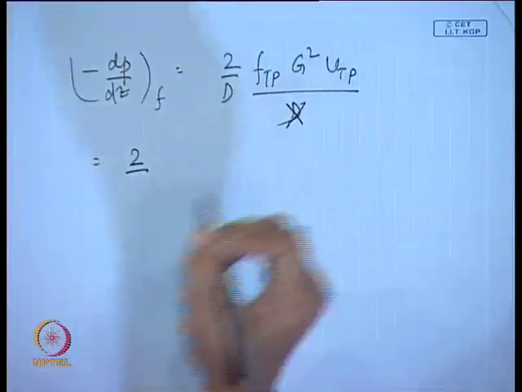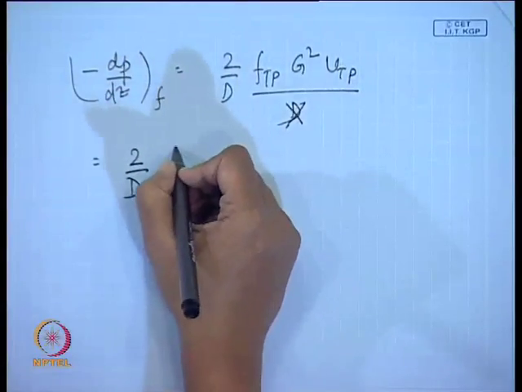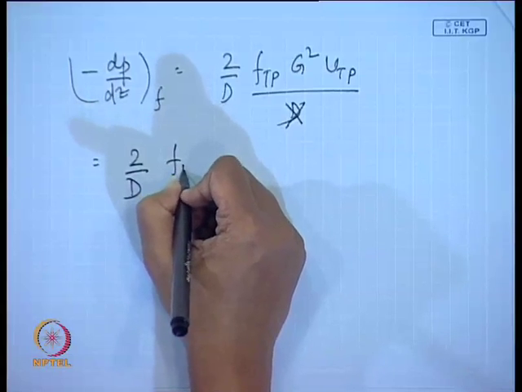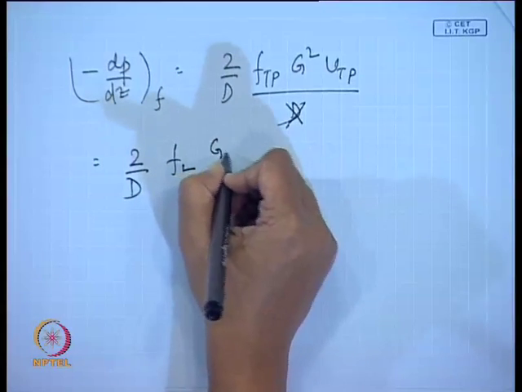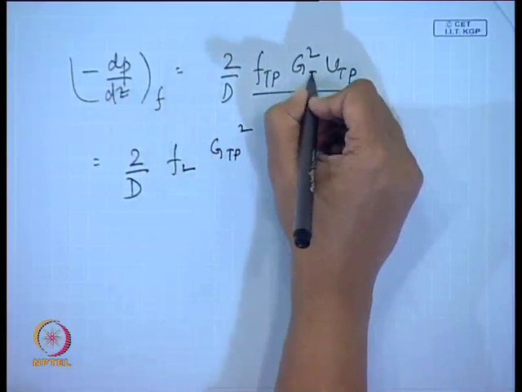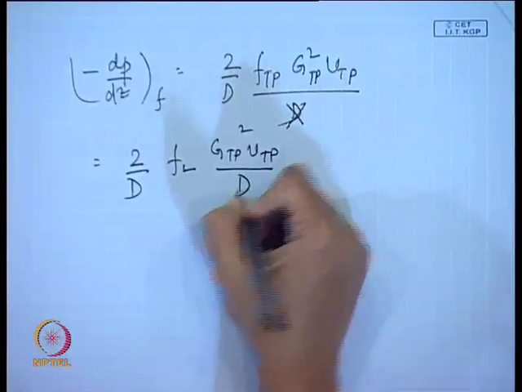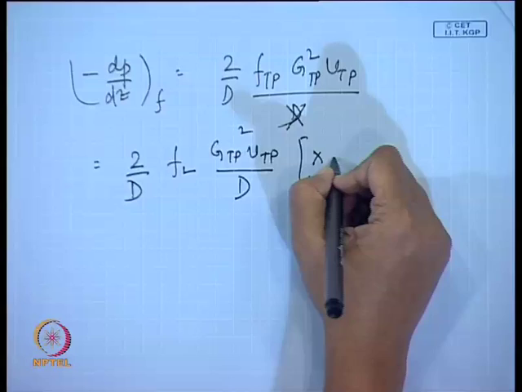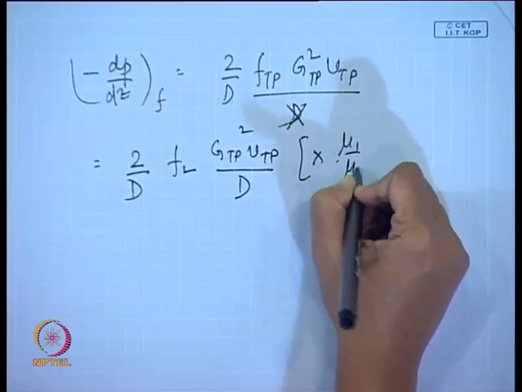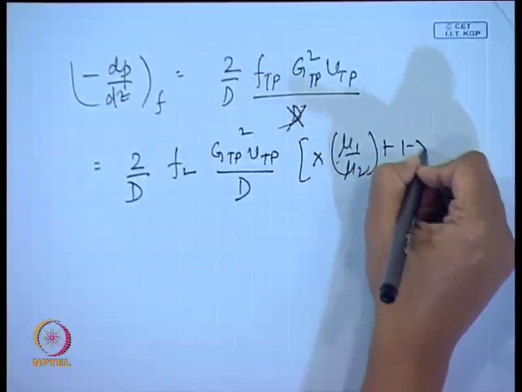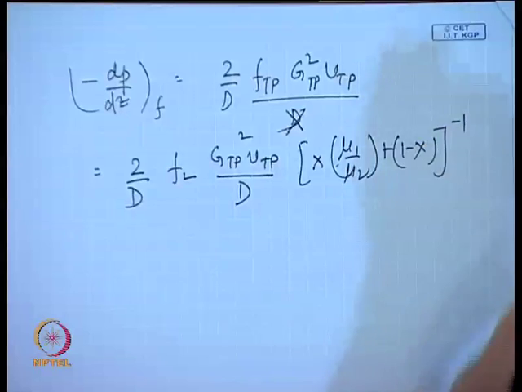Sorry, again I have written 2 D's, very sorry. It can be 2 FL GTP square VTP by D, times x mu 1 by mu 2 plus 1 minus x, whole to the power minus 1. We can do it in this particular form.